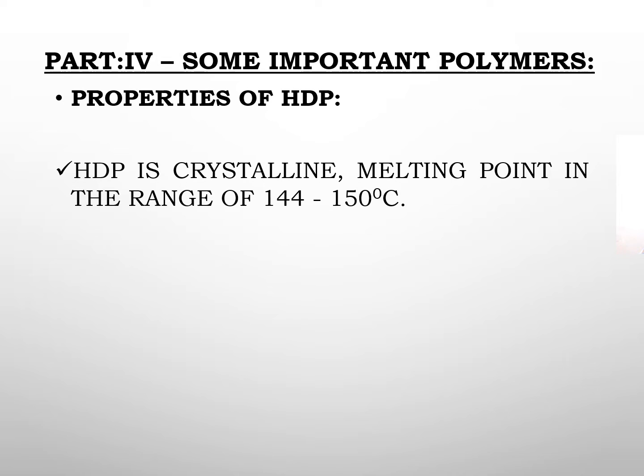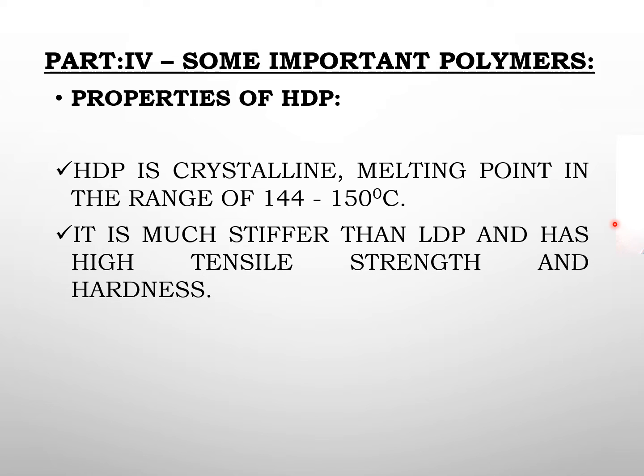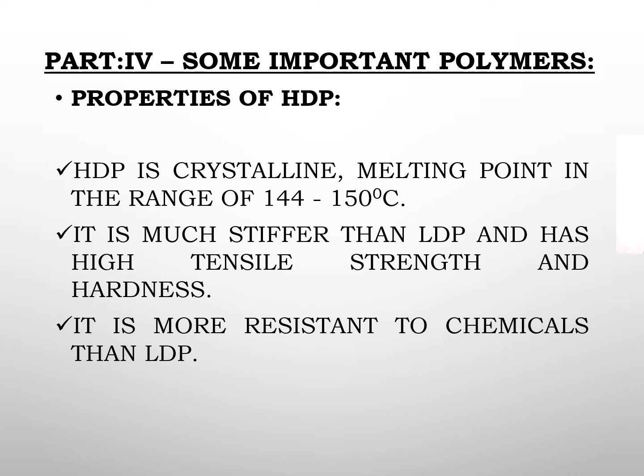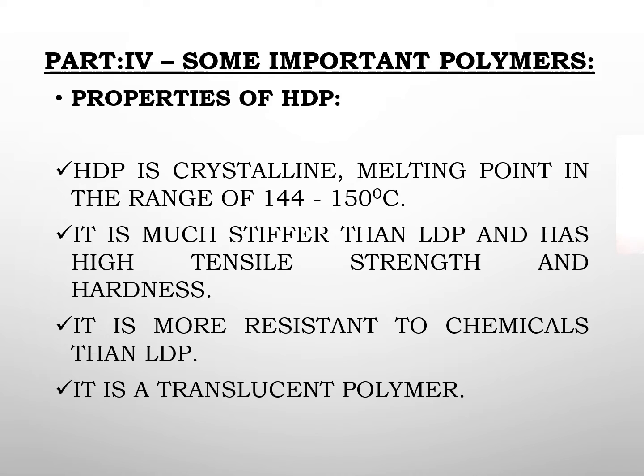Now properties of HDP: HDP is crystalline, with a melting point of 144 to 150 degrees centigrade. It is much stiffer than LDP and it has a high tensile strength, very hard. It is more resistant to chemicals than LDP and it is a translucent polymer, while LDP was a transparent polymer.